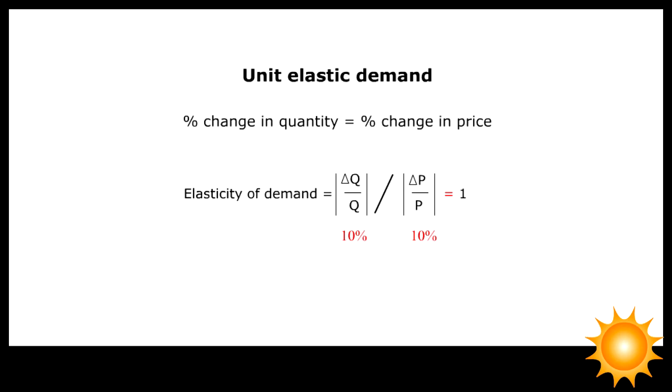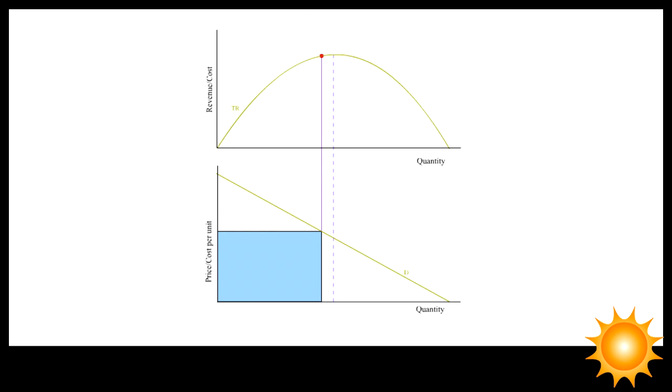For example, a 10% price decrease leading to a 10% quantity increase will give you an elasticity of demand with an absolute value equal to 1. Total revenue reaches the maximum when demand is unit elastic.